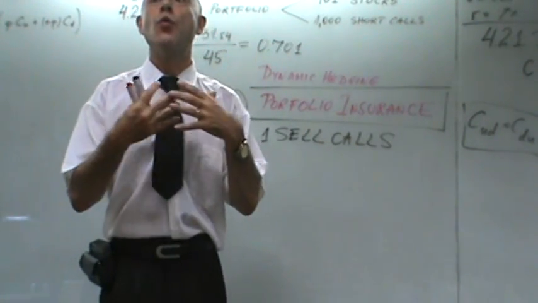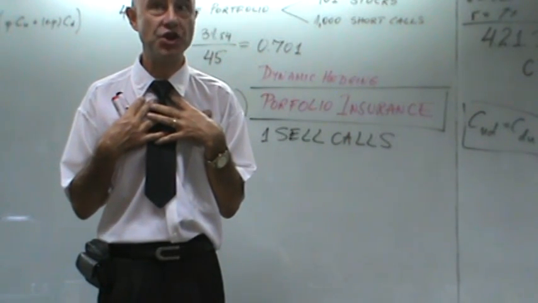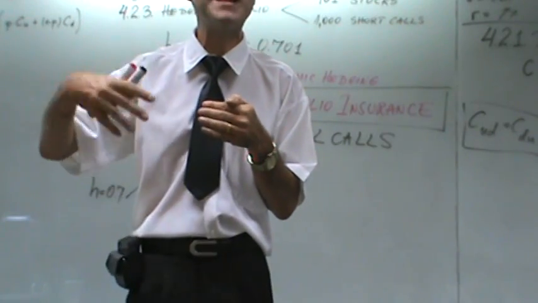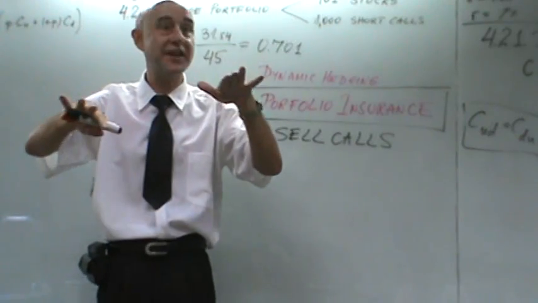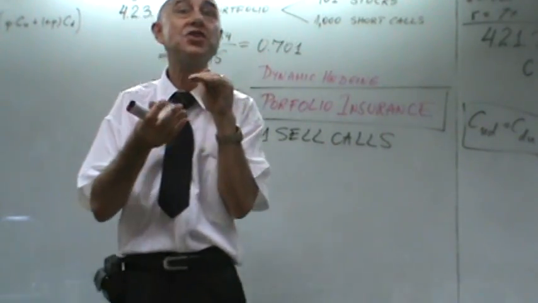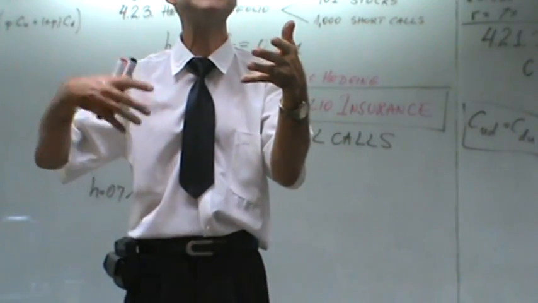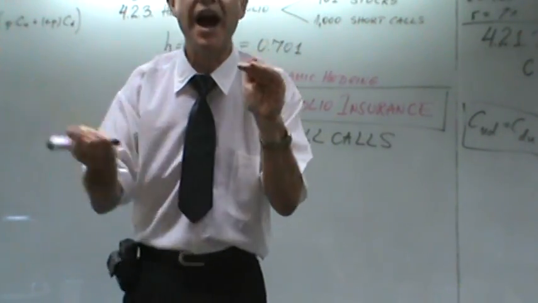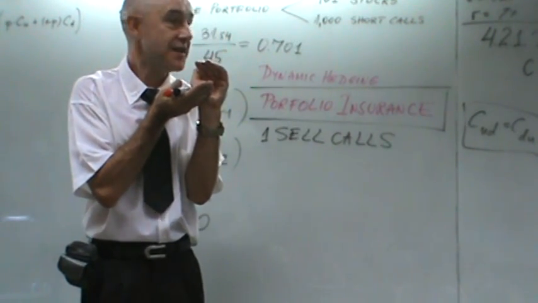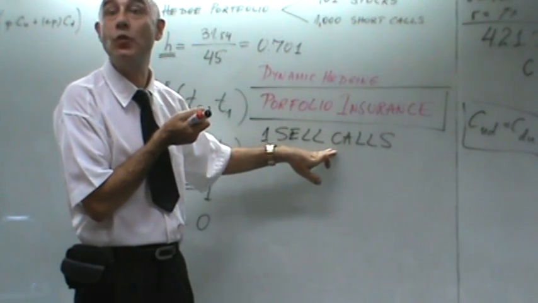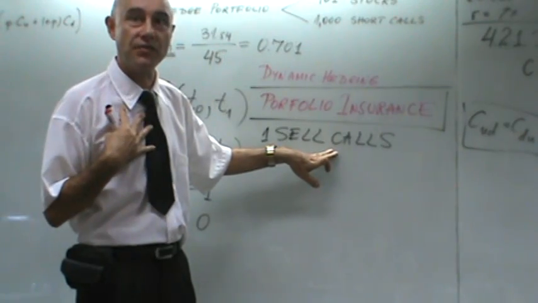If I have 1,000 shares, and I sell 1,400 calls, I'll be perfectly hedged. But I can partially hedge by having 1,000 shares and selling 1,000 calls short. I'm going to have a very good partial protection, okay? So, for one share, I sell one call. I'm not perfectly hedged, but I hedge myself, okay?